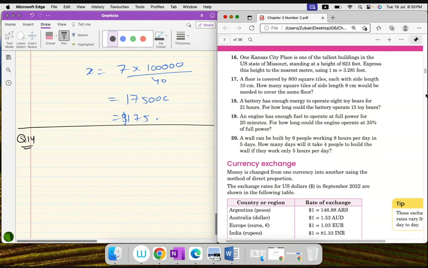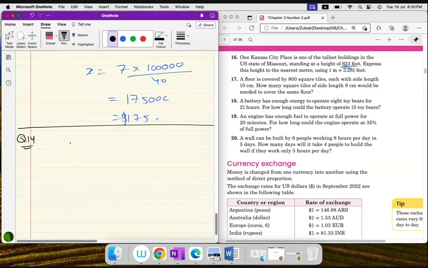Number 16 says One Kansas City Place is one of the tallest buildings in the US state of Missouri, standing at a height of 623 feet. Express this height to the nearest meter using 1 meter equals 3.218 feet. So it would be x meters, 623 feet.